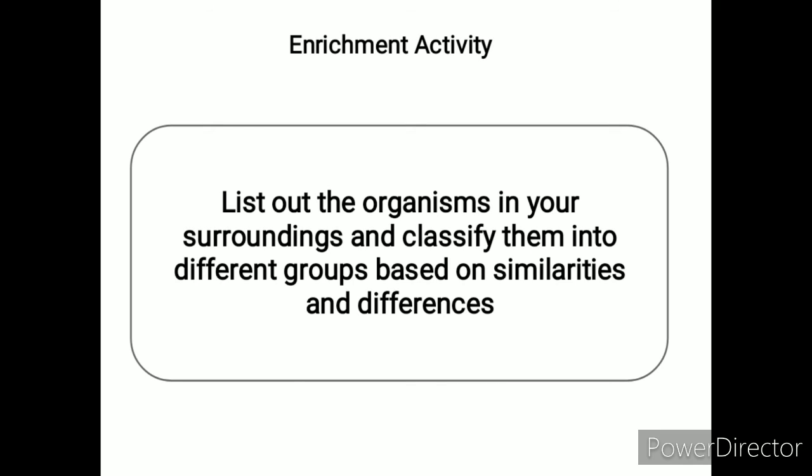List out the organisms in your surroundings and classify them into different groups based on similarities and differences. So you can find different organisms in your surroundings. Just identify those organisms, list them out, and classify them into different groups based on similarities and differences.